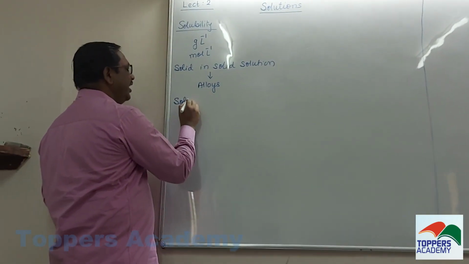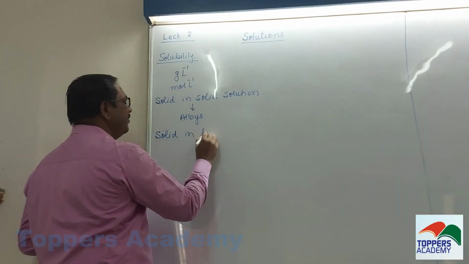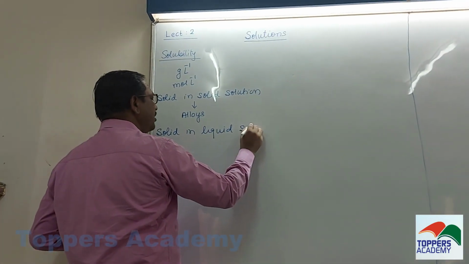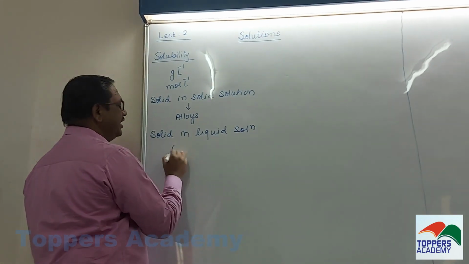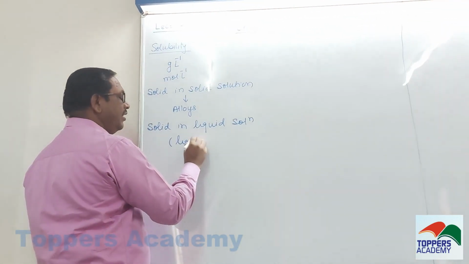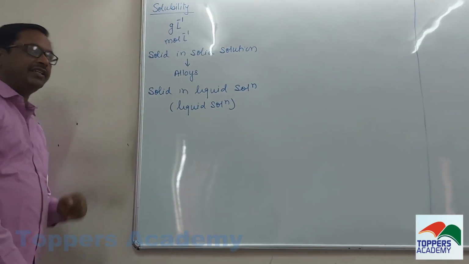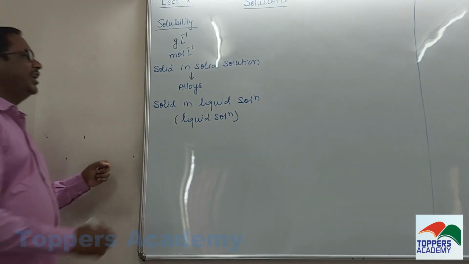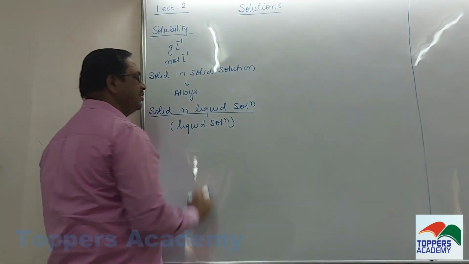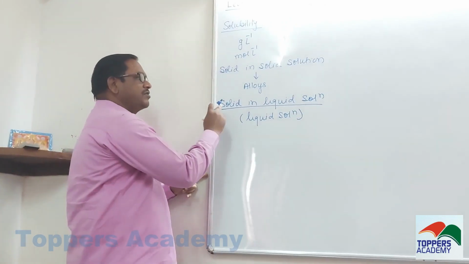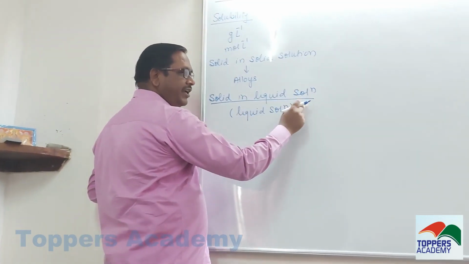Now solid in liquid solution, that is also known as the liquid solution. क्या बोलते हैं इसको? लिक्विड सॉल्यूशन बोलते हैं. ठीक है. Now solid in liquid type of solution. Now the solubility of solid in liquid.